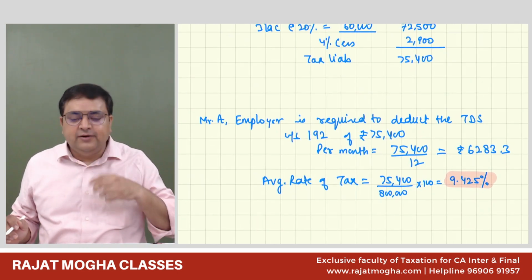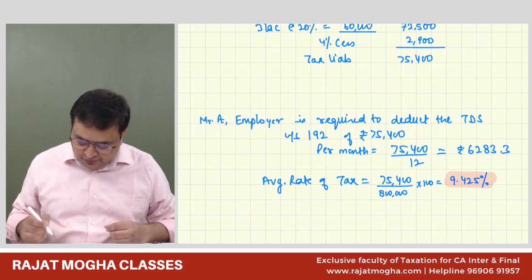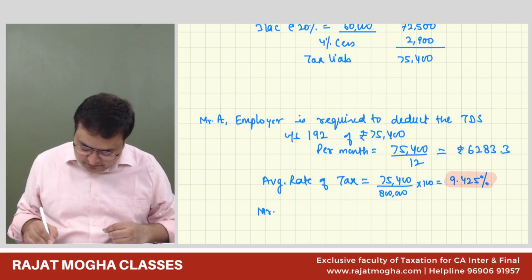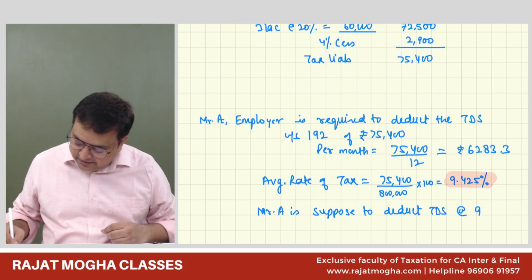So they are asking what are the tax implications on Mr. A. So Mr. A is supposed to deduct TDS at the rate of 9.425%.